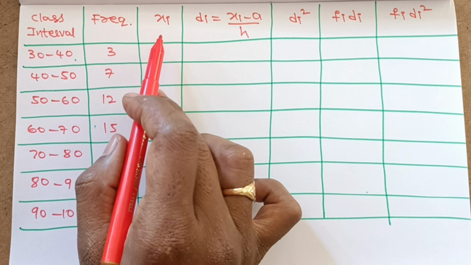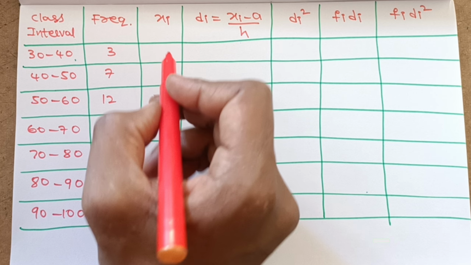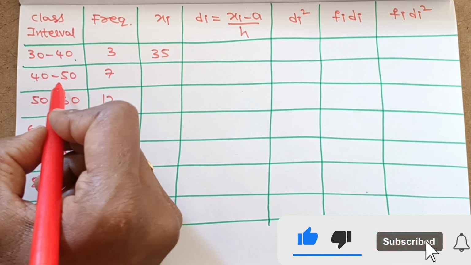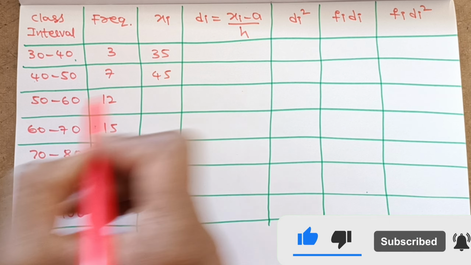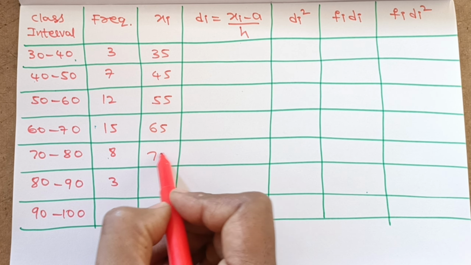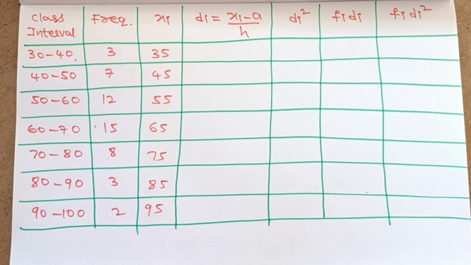So first we find xi. Xi is the midpoint of the class interval. The midpoint of the first class interval is 35. Next, the midpoint of 40 and 50 is 45. Next, 55, 65, 75, 85, 95.